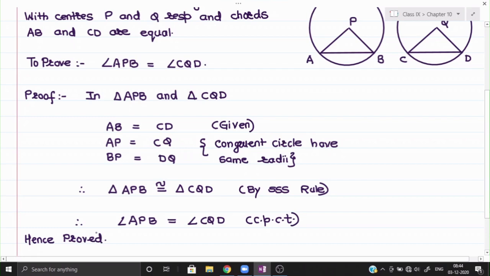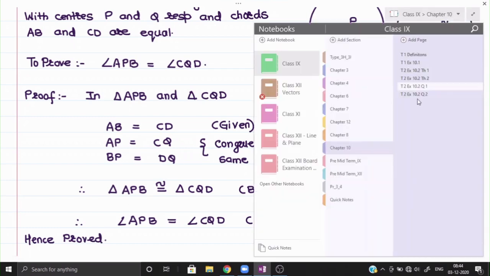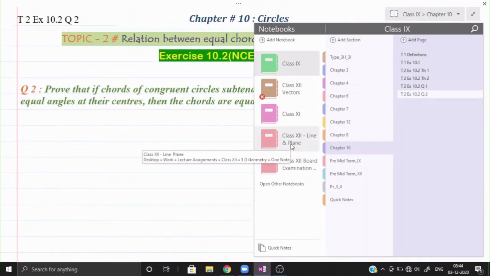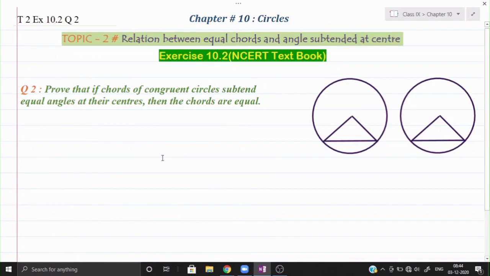Let us see the second and the last question of exercise 10.2. In the last question, we are given the opposite of question number 1: prove that if the chords of congruent circles subtend equal angles at their centers, then the chords are also equal.